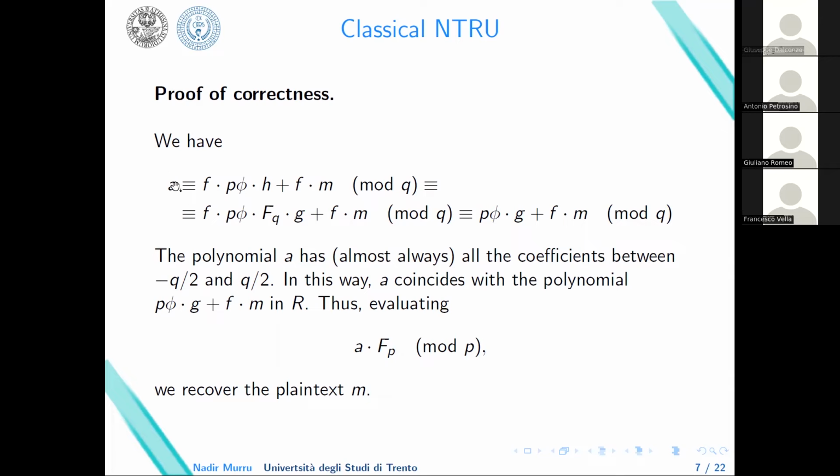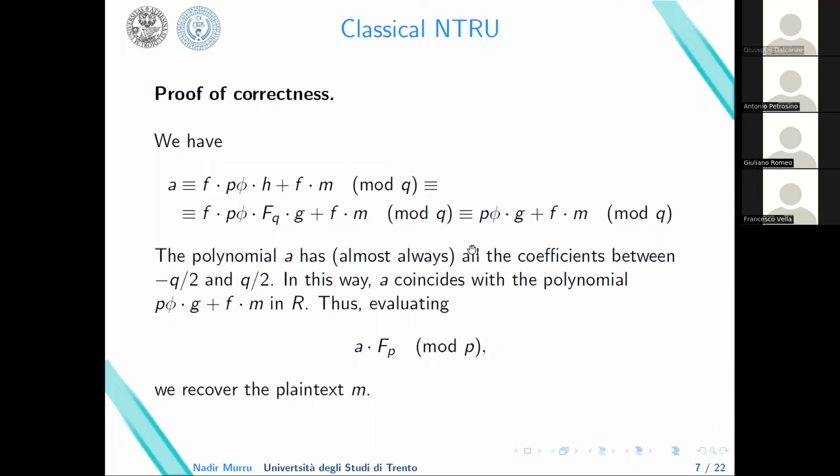So the polynomial A corresponds to this polynomial. The polynomial A has almost always all the coefficients in this range. If we have this, this means that in this case, the polynomial A coincides with this polynomial p phi times g and so on in R, because it has not been reduced modulo q.